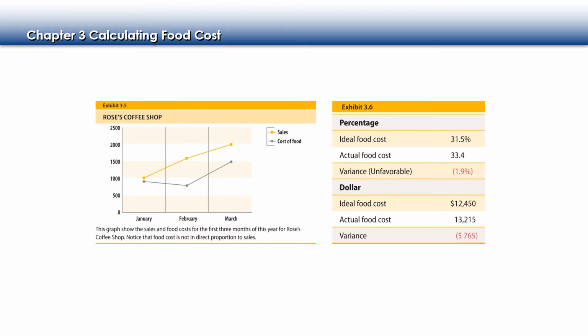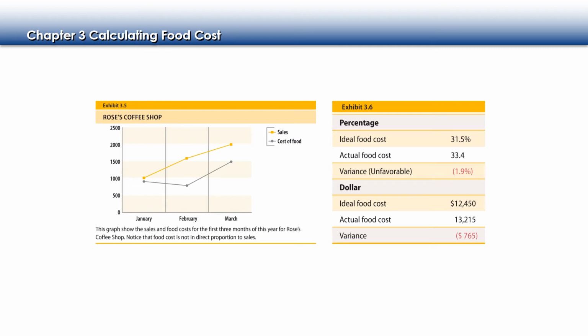So let's look here. We have an ideal food cost of 31.5%. Our actual food cost is 33.4%. So that's an unfavorable variance of 1.9%. Well, what does that mean? Well, what that actually means, because this 1.9%, let's say it's 2%.